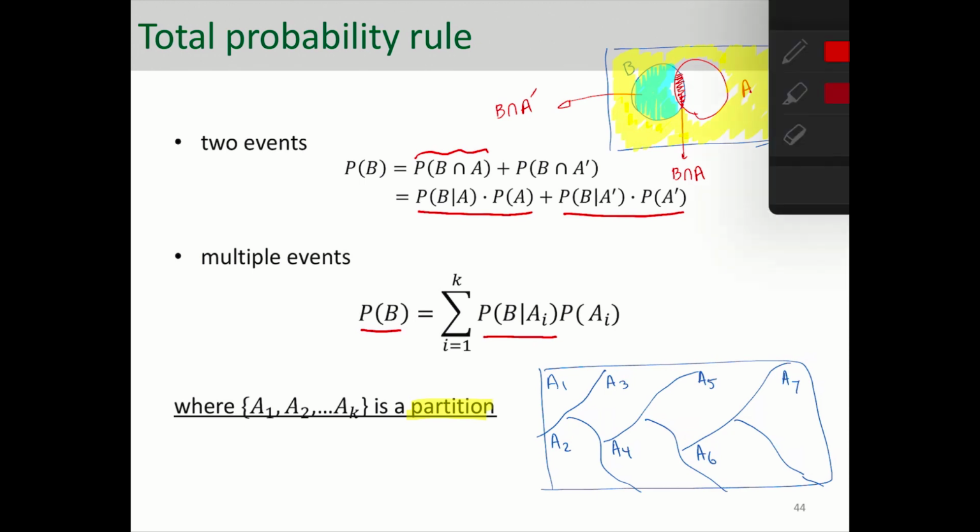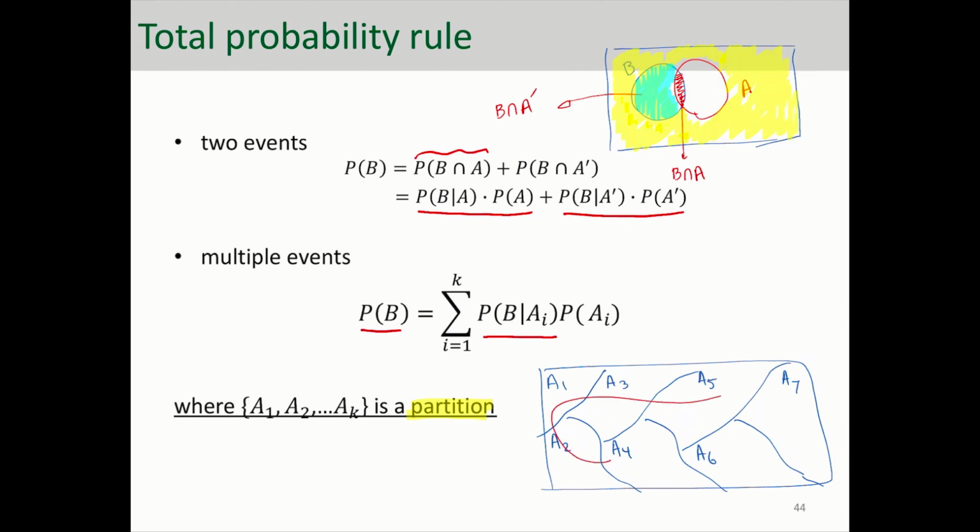In that case, if you have an event B anywhere and you want to calculate the probability of B, the idea behind the total probability rule is that you can calculate each one of these pieces, which are intersection areas with A1 through A7, and add them together. That would be the probability of B.